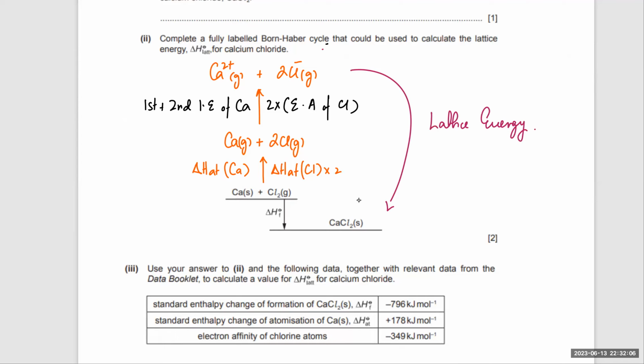So again, all you have to do is they've given you some of the values. So the values that are given are what? The enthalpy of formation is given, that's minus 796, so that's this part. Atomization of calcium is given, it's 178.